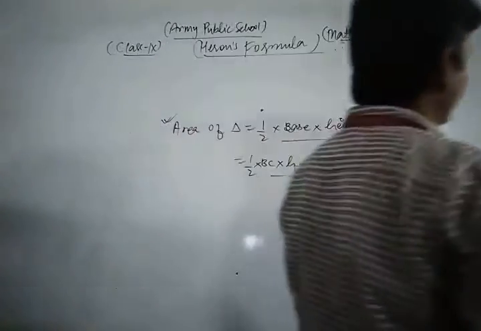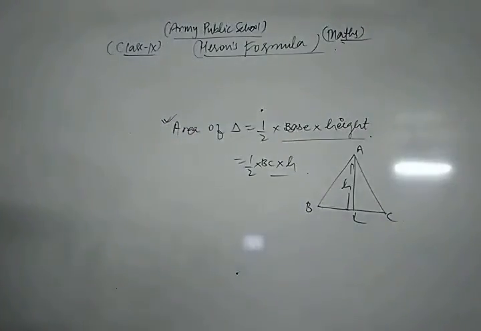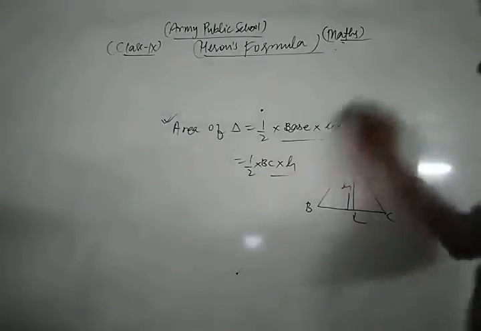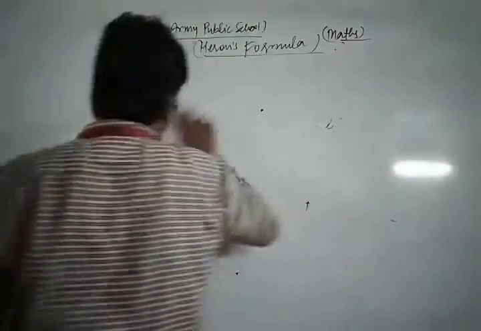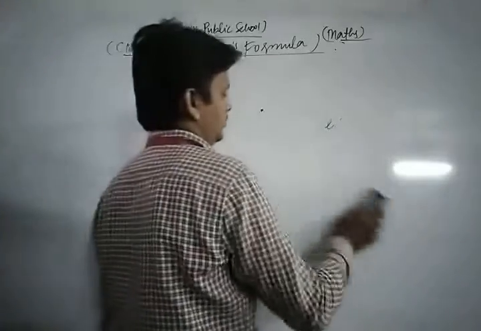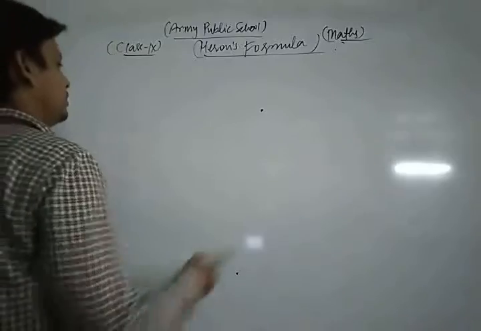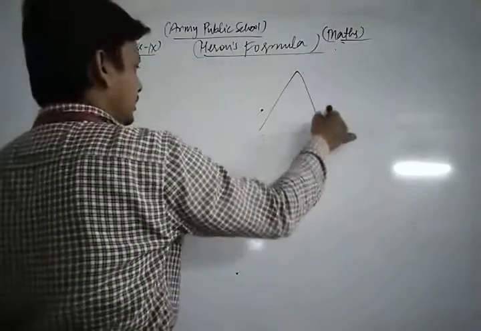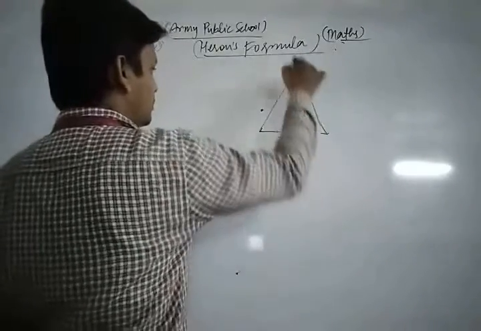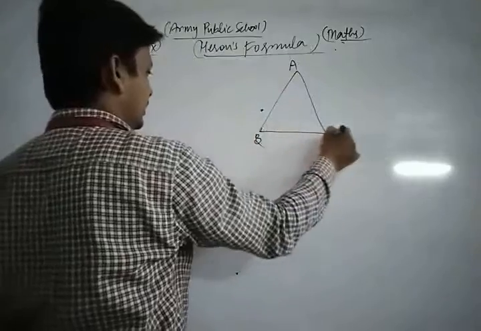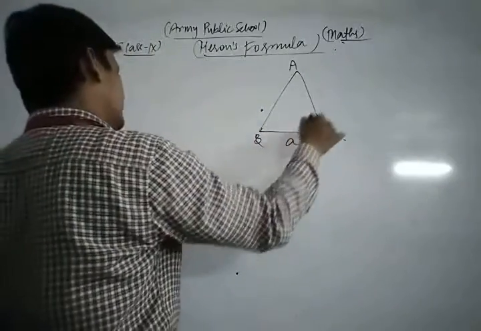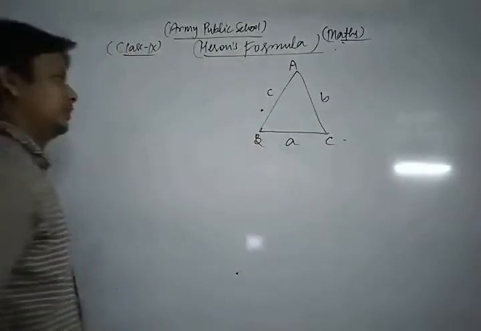Let's see Heron's formula. Suppose we have a triangle ABC in which all of its three sides A, B, and C are given.